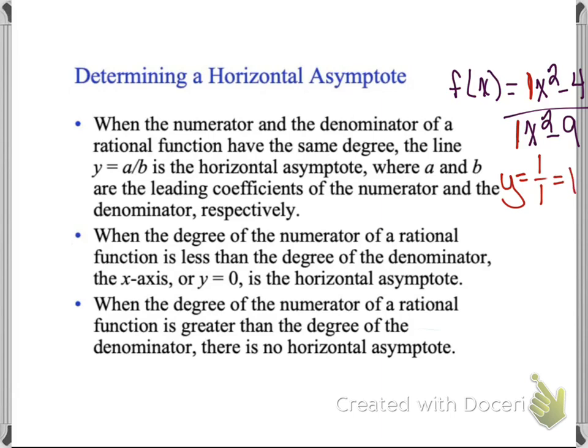Now, when the degree of the numerator of a rational function is less than the degree of the denominator, that's what we just talked about, y equals 0. So that's if I have f of x equals x over x squared minus 2.